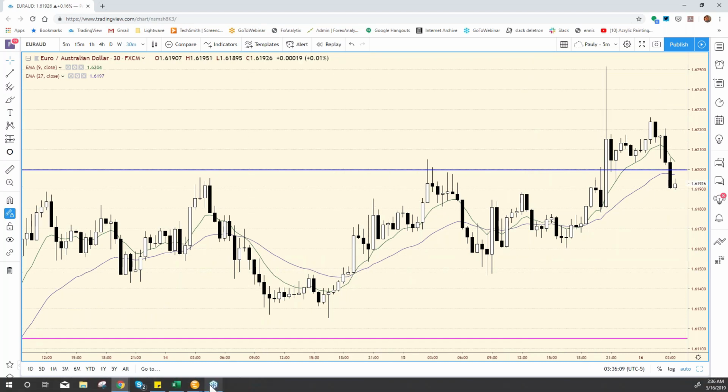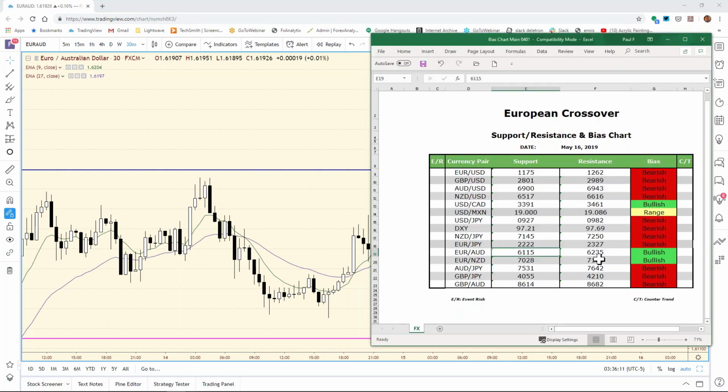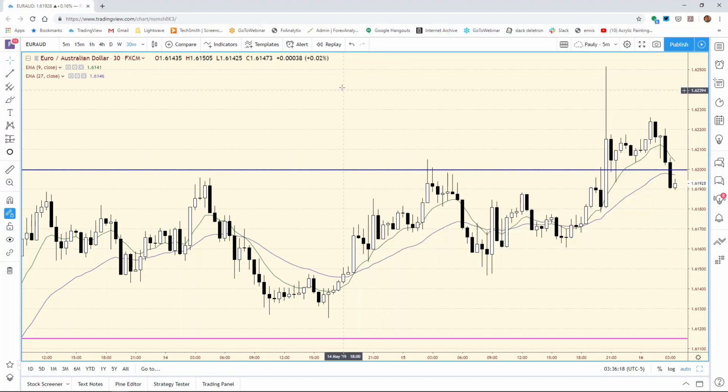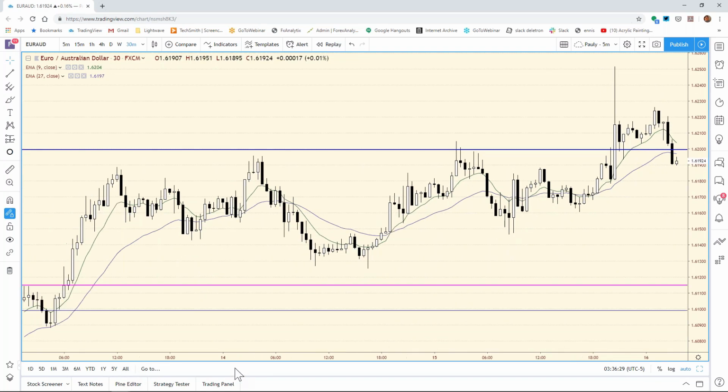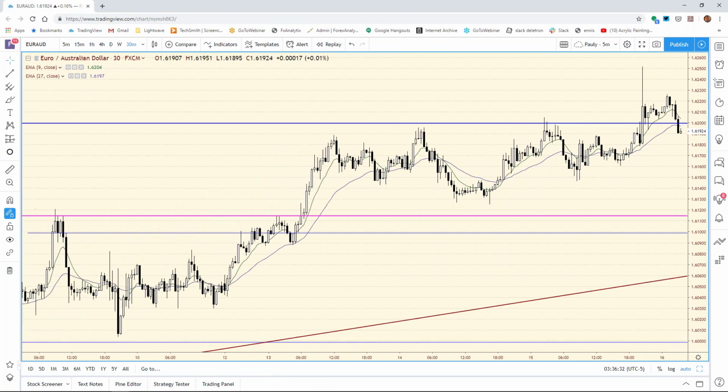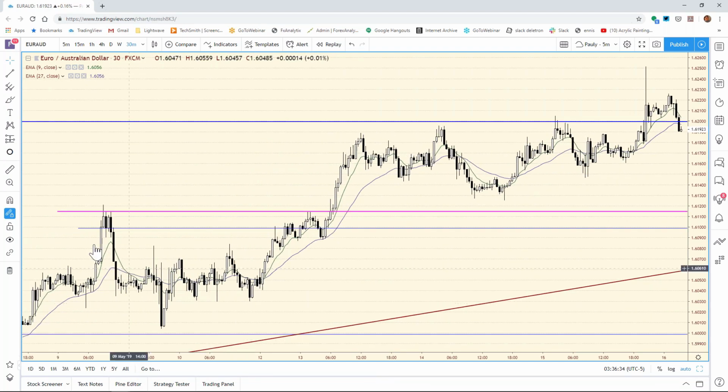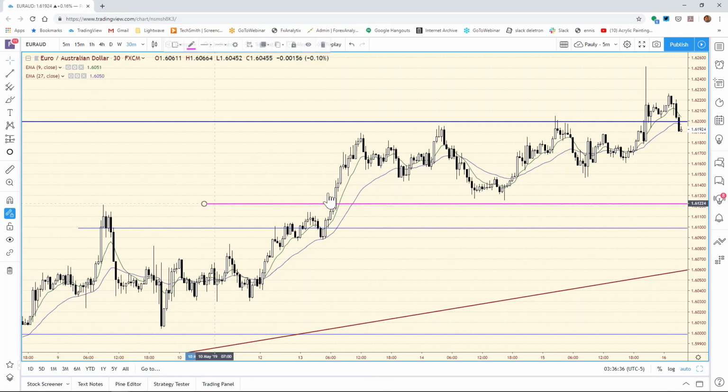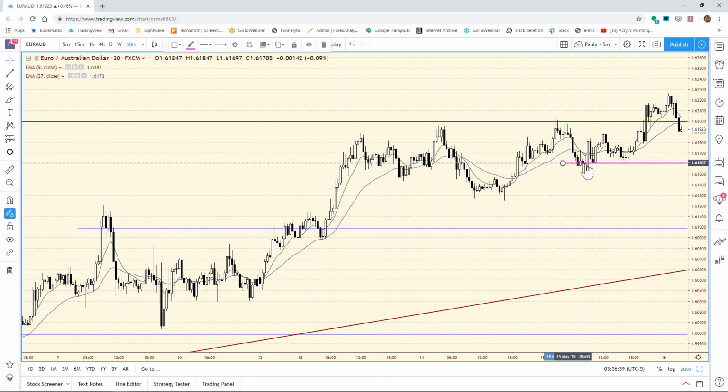That'll be resistance. Well, we get a 30-minute close above 62.17, this could be some resistance there. Support would be 61.57.